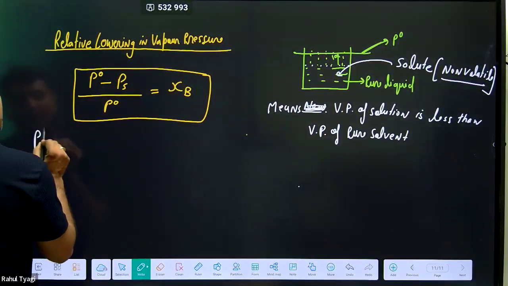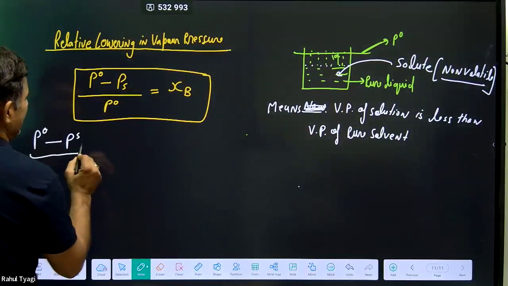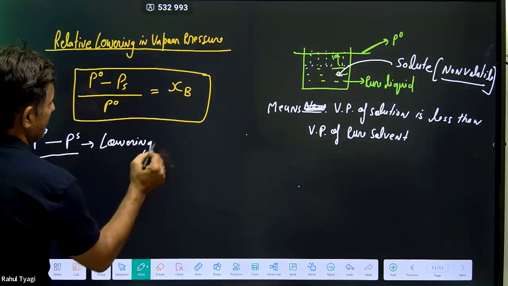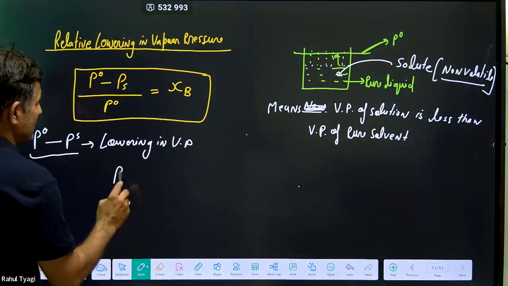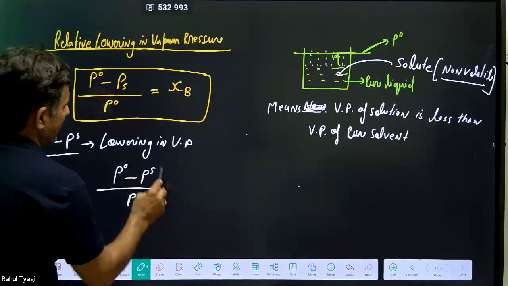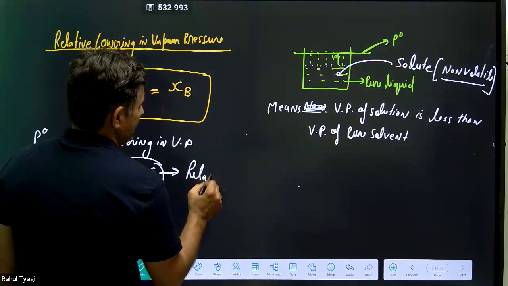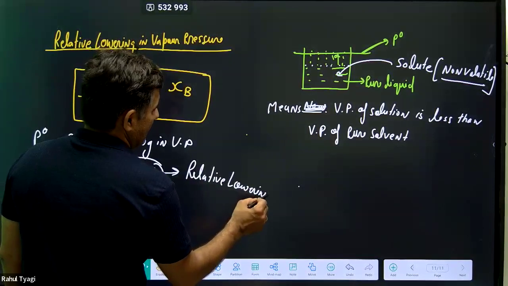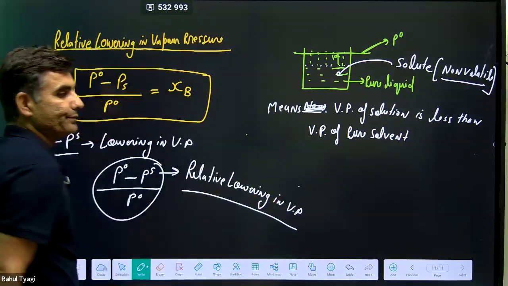Vapor pressure of pure solvent. If I decrease, P naught minus Ps, it means it is the lowering in vapor pressure. And if I divide this, P naught minus Ps divided by P naught, it means it's the relative lowering in vapor pressure.